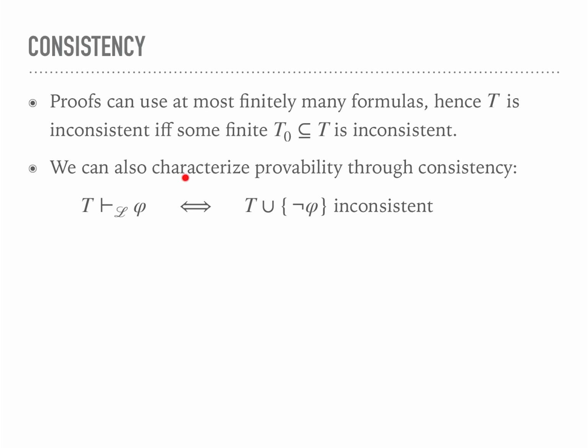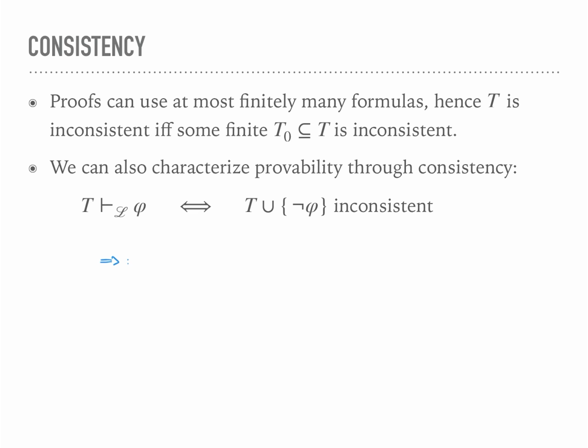Interestingly, we can also characterize provability itself through consistency. Namely, it holds that T proves phi if and only if, when I join not phi to T, this theory becomes inconsistent. If you try to prove this now, you see that one direction is actually quite easy.